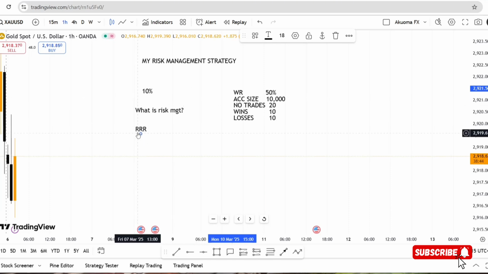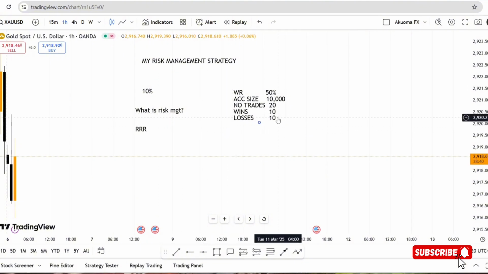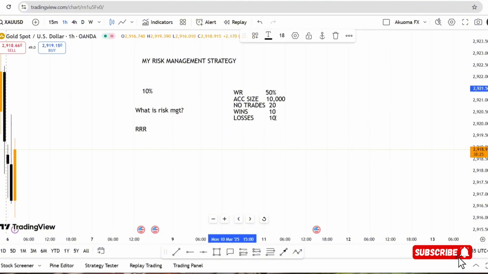And then this is where this risk to reward ratio comes in. Your risk to reward for these 10 trades, let's use a minimum of 1:2 risk to reward ratio.